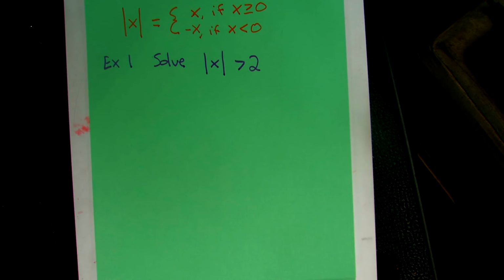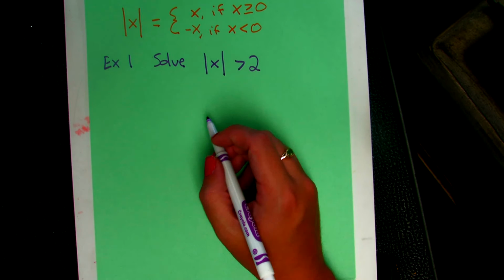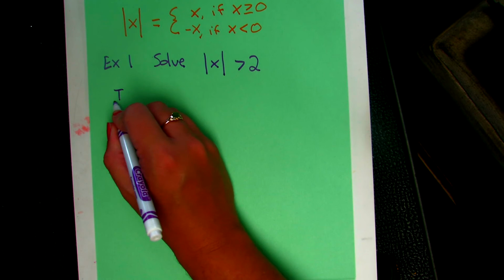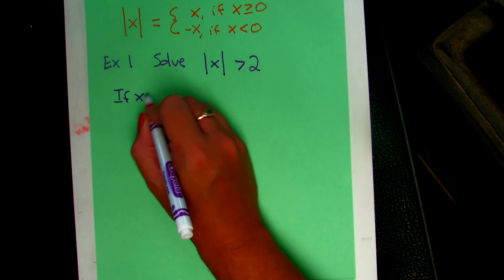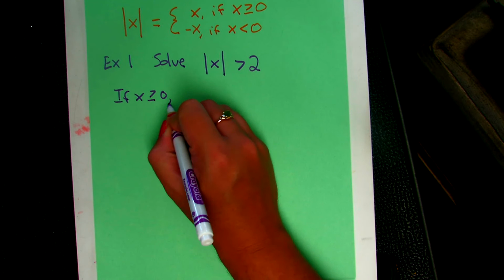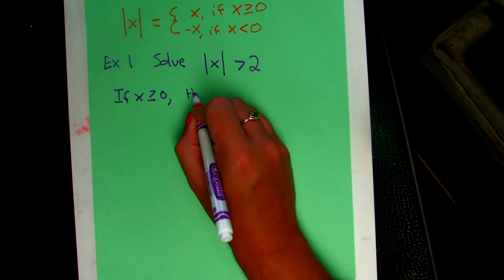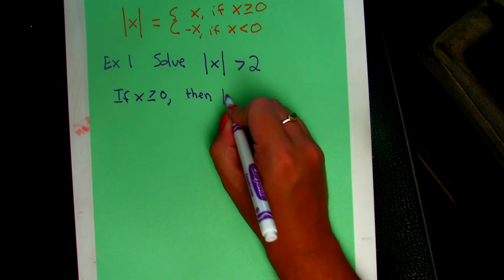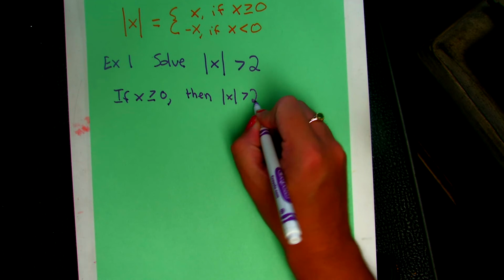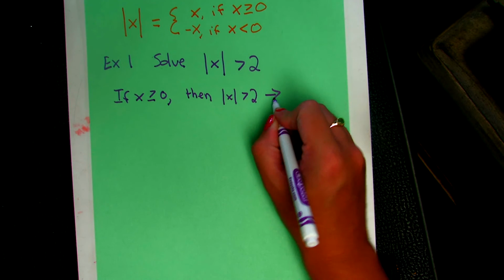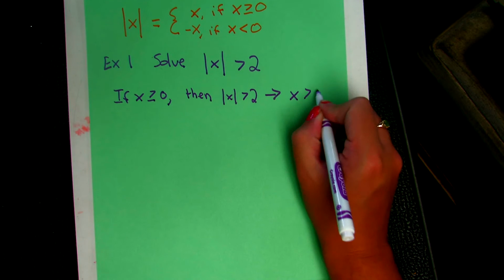So when we do this, we're going to go ahead and apply our absolute value definition, which says if x is greater or equal to 0, then the absolute value of x is greater than 2 implies that x is greater than 2.